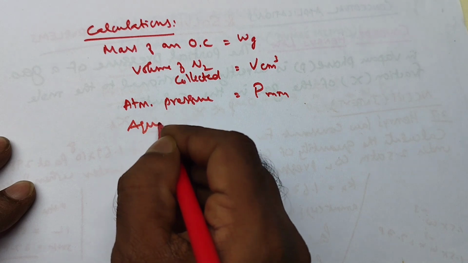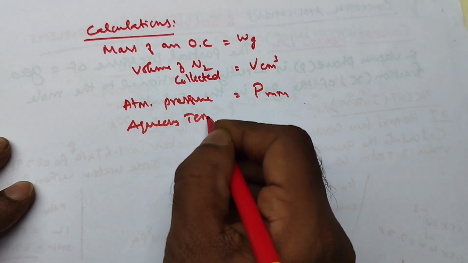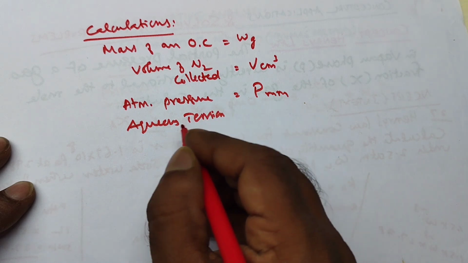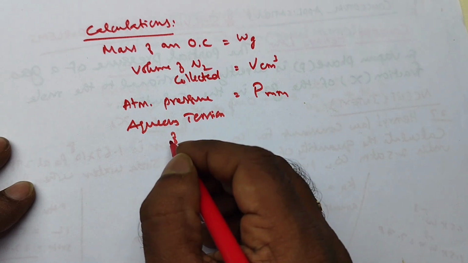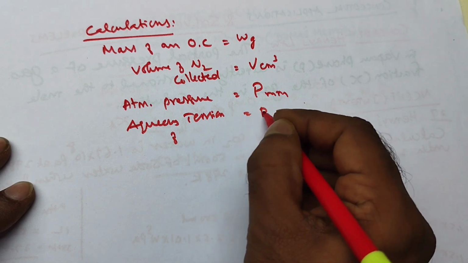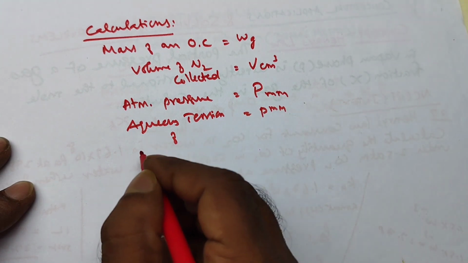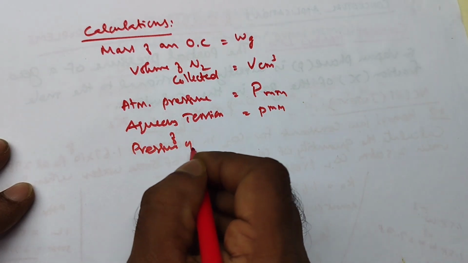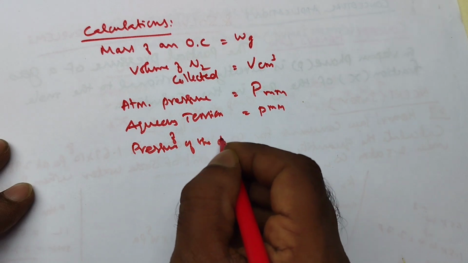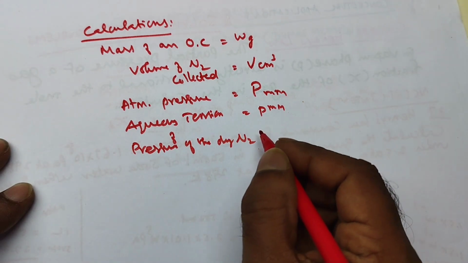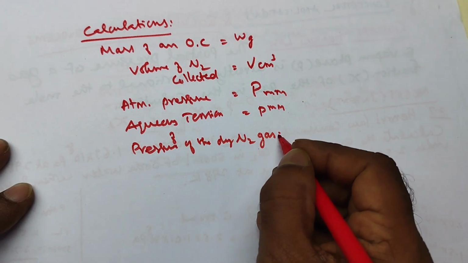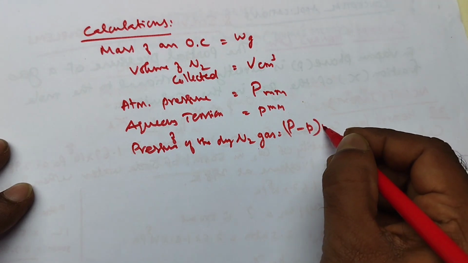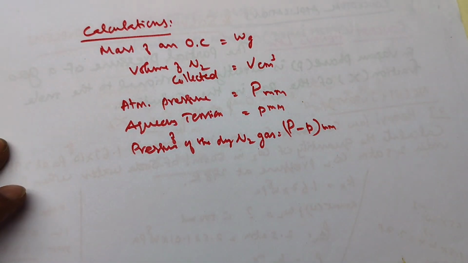The aqueous tension is small p mm, and the pressure of the dry N2 gas is equal to capital P minus small p. That is the pressure of the dry nitrogen gas.